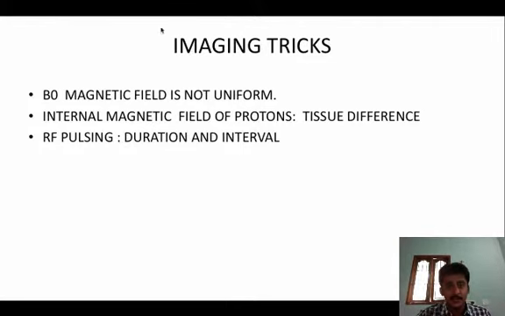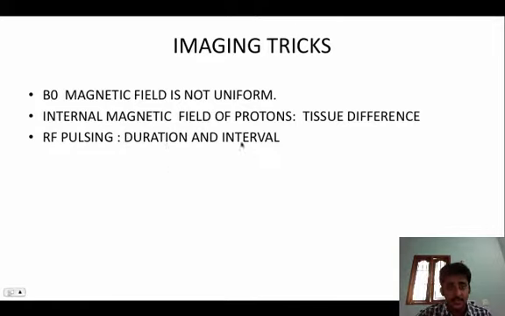Okay, how do we use these relaxations? How do we accentuate these relaxations to determine an image? It depends on which material we are imaging, whether water molecules, that means tissues, or fats. Usually fats have a shorter relaxation time, and water molecules have a longer relaxation time.